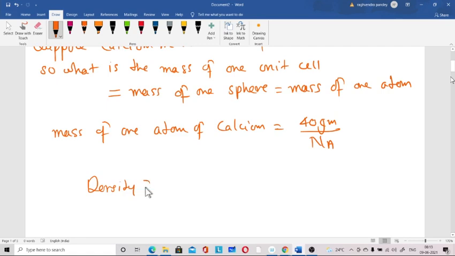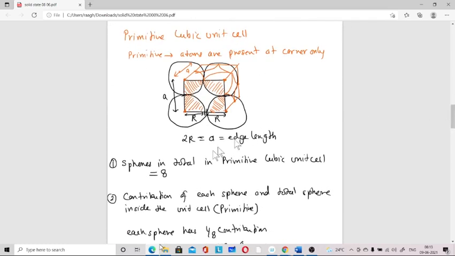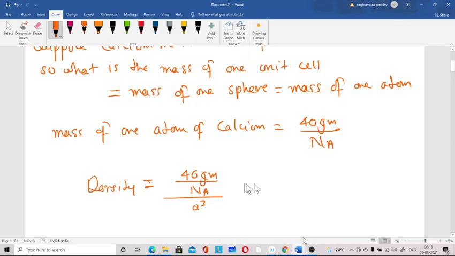So density is equal to 40 gram by Na upon a cube. But if you see the relation, what relation is there? 2R is equal to a. So in terms of radius also, we can write that a cube is 2R whole cube.